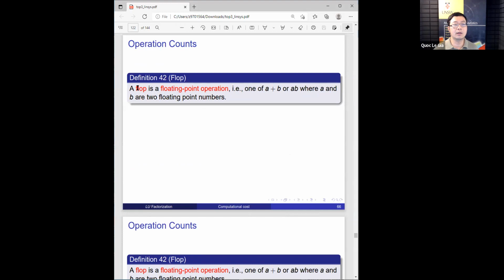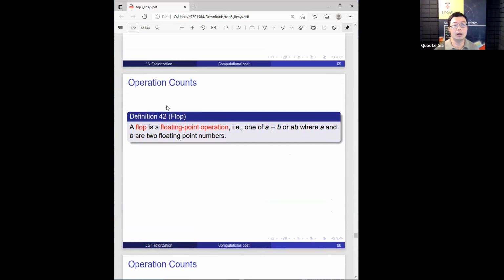One flop is just shorthand for floating point operation. Subtracting is adding a negative number, and dividing is multiplying by 1 over b, right? So adding or multiplying is enough.